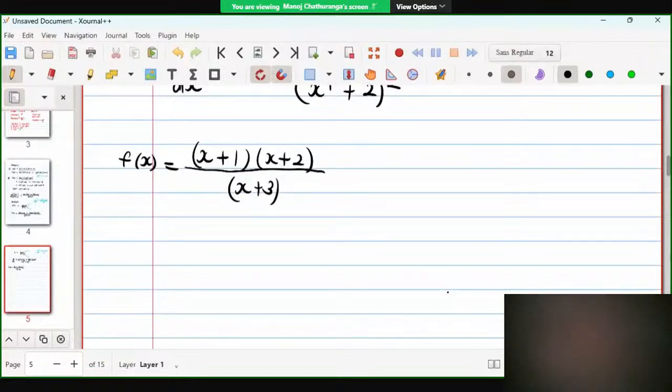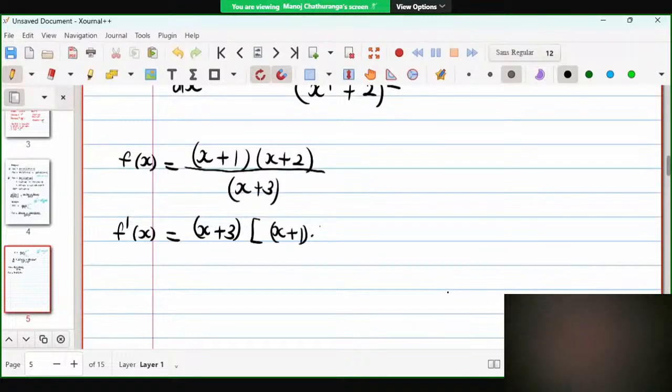So in this case, you have to be very careful and apply both rules at the same time. To differentiate something like this, take the denominator, put it here, then differentiate the numerator. In the numerator, you have a product, and for that, you need to use the product rule. So take this factor and differentiate the other factor.